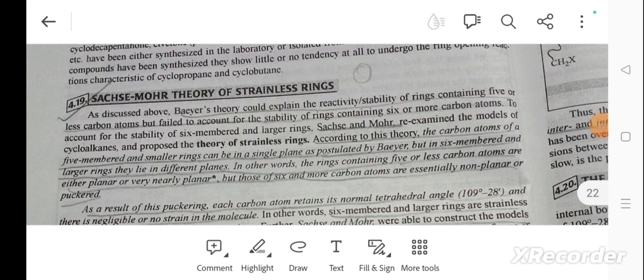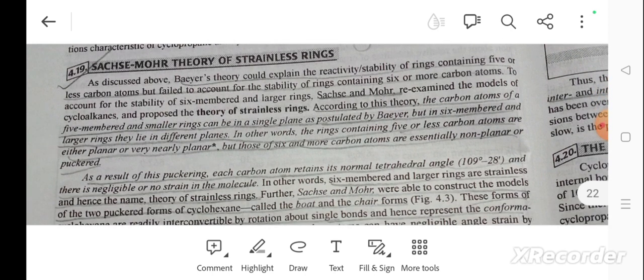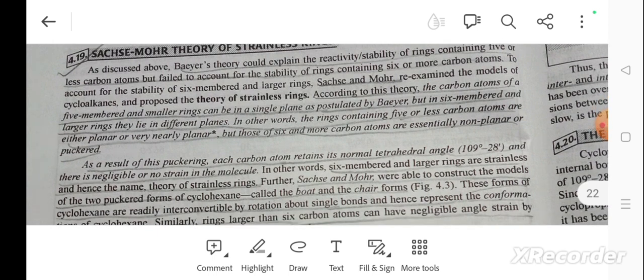Sachse-Mohr theory of strainless rings. As discussed above, the previous theory could explain the relative stability of rings containing 5 or fewer carbon atoms, but failed to account for the stability of rings containing 6 or more carbon atoms, that is, the stability of the 6-membered and larger rings. Sachse and Mohr expanded the model of cycloalkanes and proposed this theory of strainless rings.